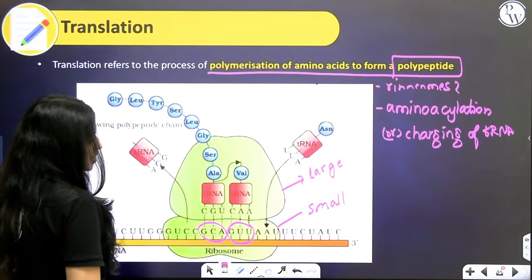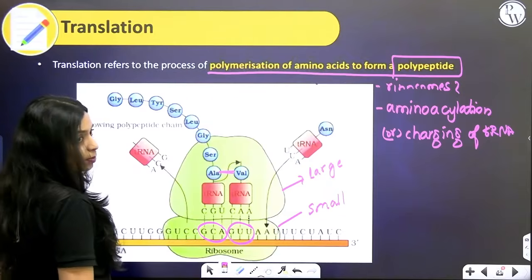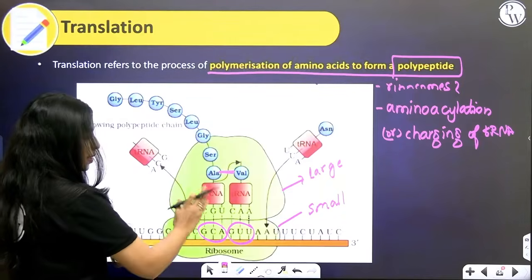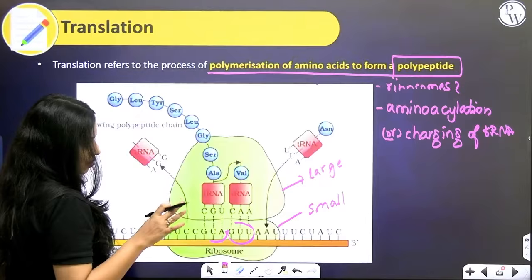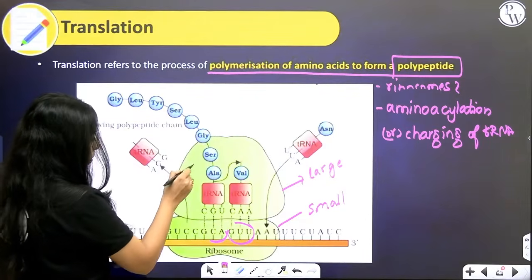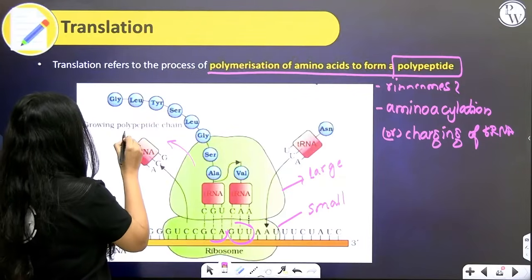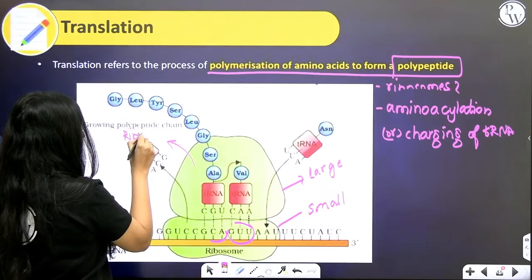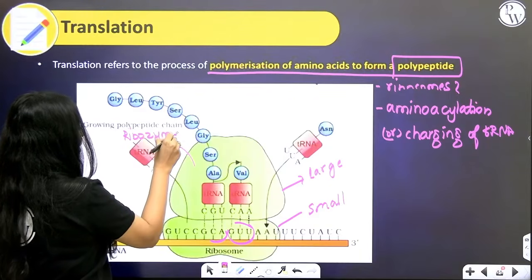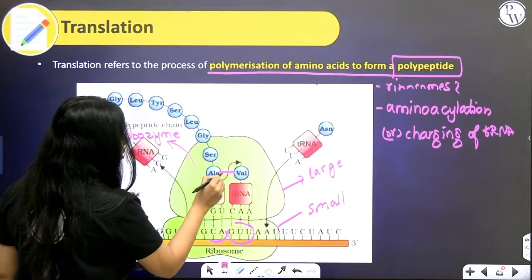When two tRNAs are brought close to each other, formation of a peptide bond between them is favored. Normally, it will happen when two tRNAs are brought together also. But within the ribosome, in the large subunit, you have enzymatic activity. There is RNA acting like an enzyme called ribozyme. This will catalyze the bond formation between these two.